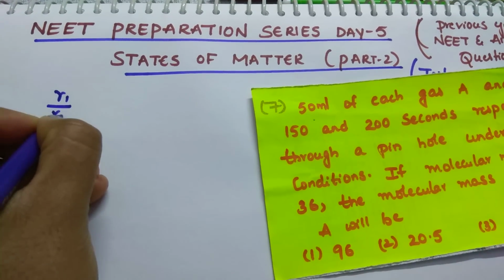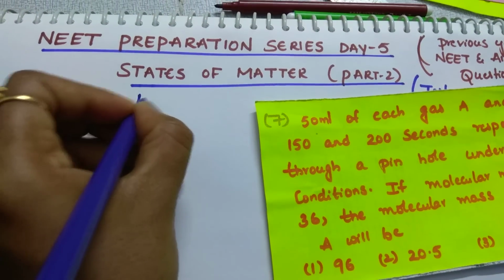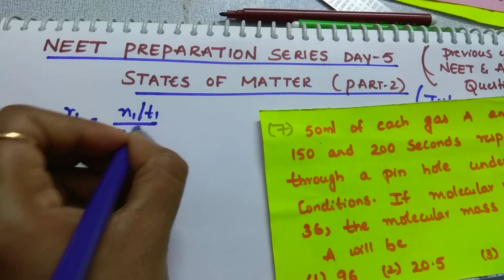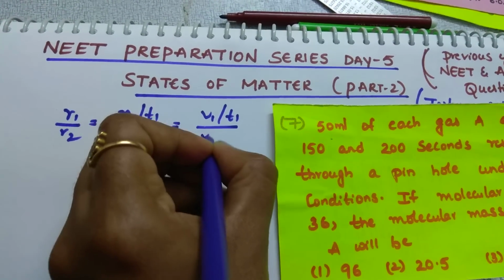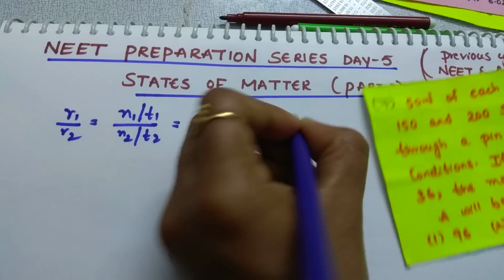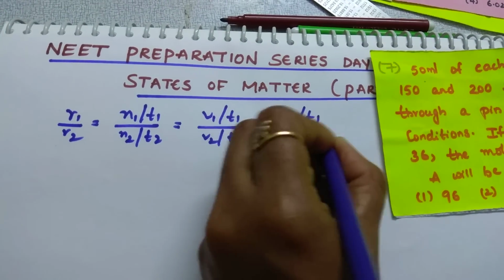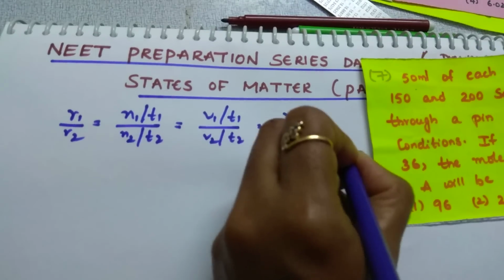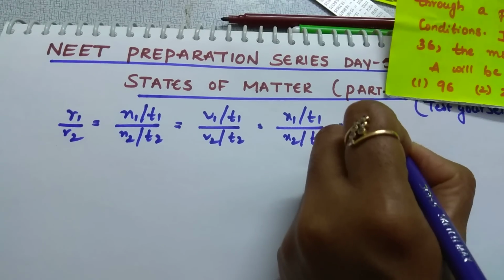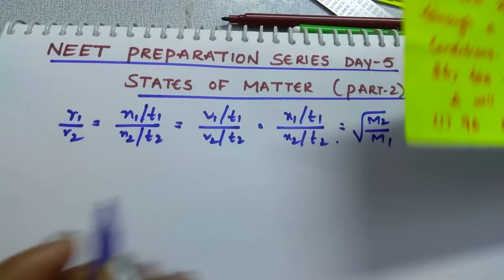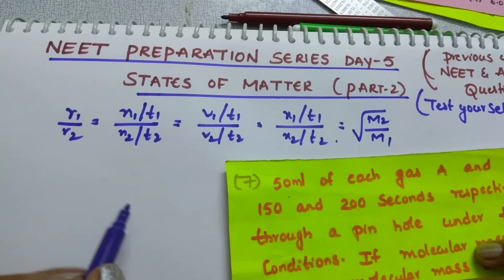r1 by r2 equal to n1 by t1 by n2 by t2, which is equal to V1 t1 by V2 by t2, which is equal to x1 by t1 by x2 by t2. And one more thing, which is equal to square root of M2 by M1. In this, which formula is useful for us, students?